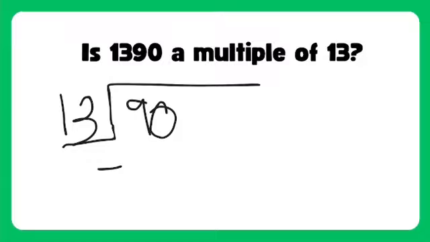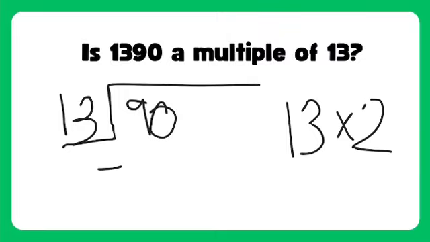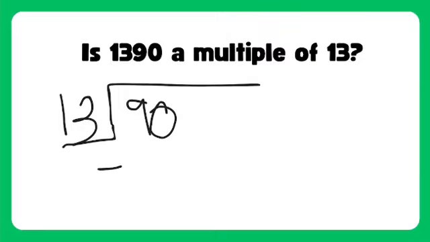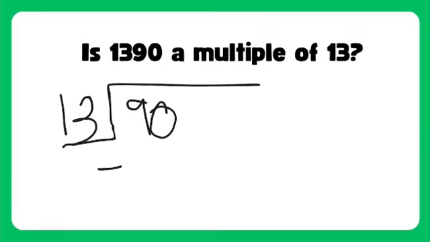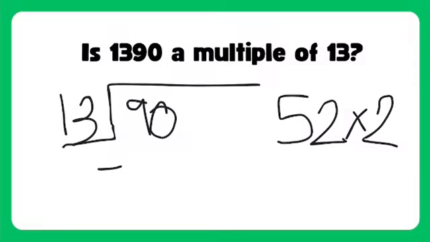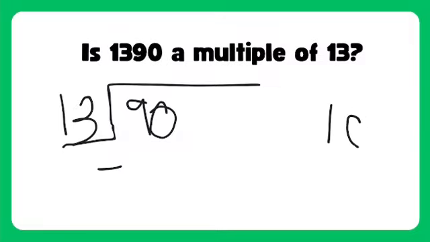Now from 90, we can do 13 times 2, which is 26. We can times this by 2 as well, that's times 4 in total, which is 52. We can times this by 2, which is times 8 in total, which gives us 104.